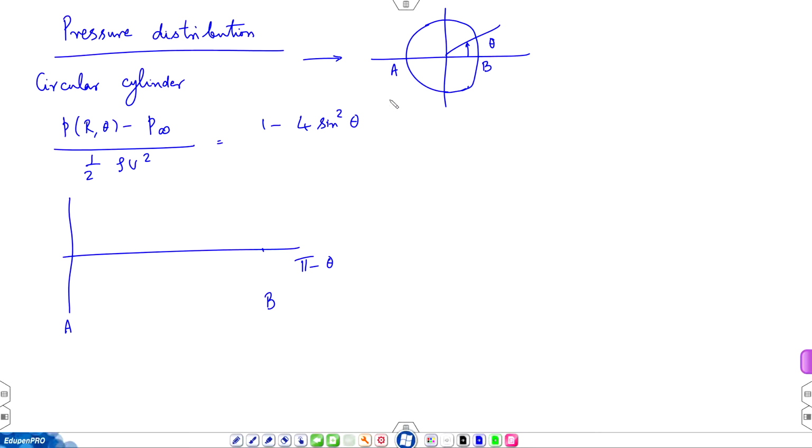At A, θ is π, so it is just 1. So, here plus 1, and at a point like C, where θ is π over 2, it is minus 3. So, C is somewhere here.